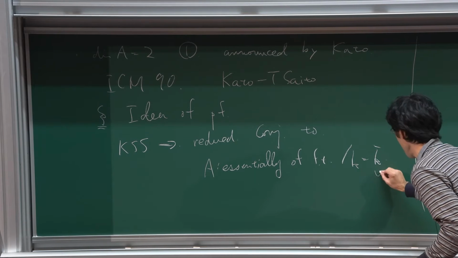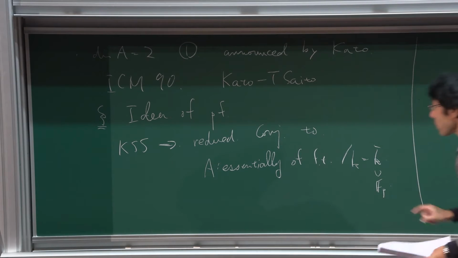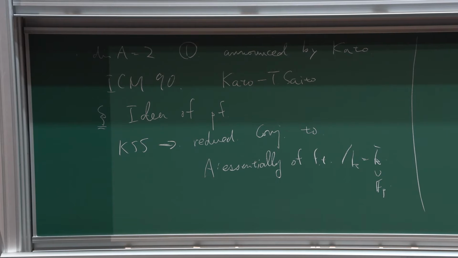Of course, it contains F_p. So I only consider this geometric case. Of course, this reduction needs some argument, like Artin approximation, etc. But don't ask me too much. It's a work of Kato and Saito.